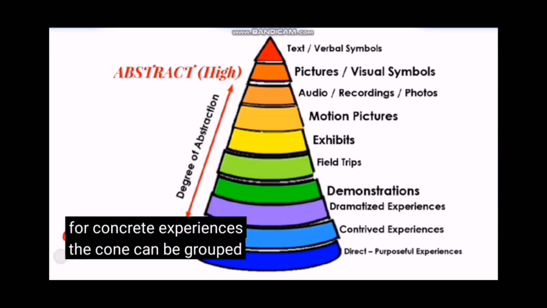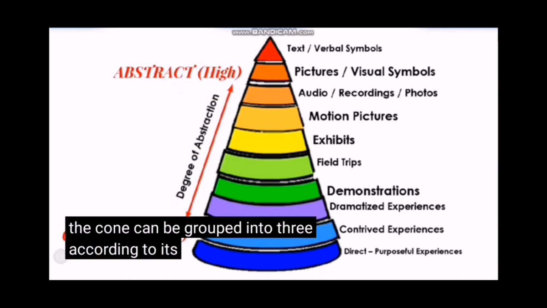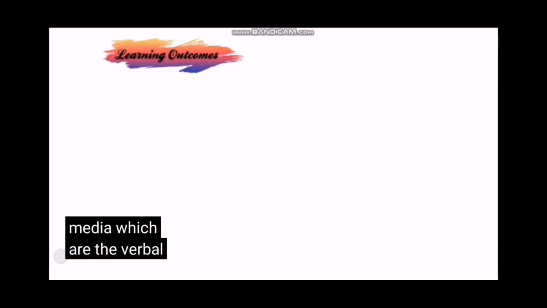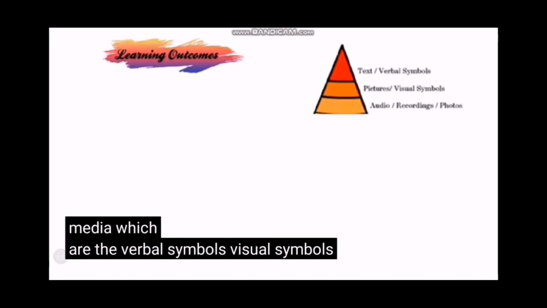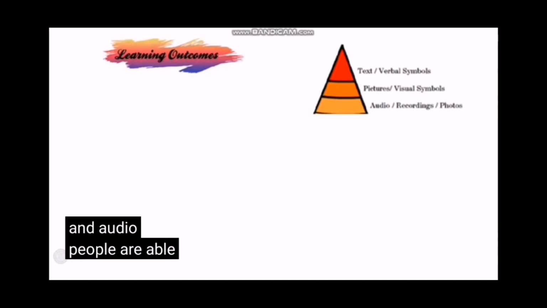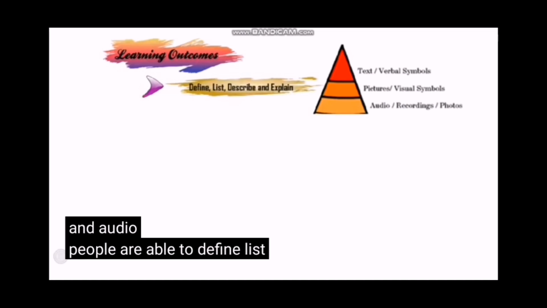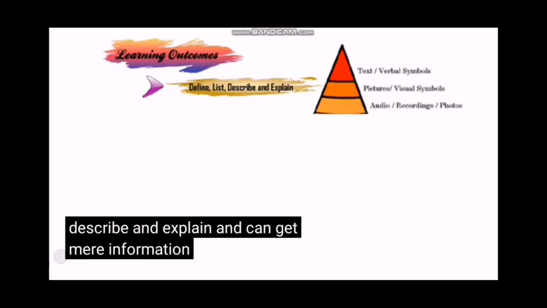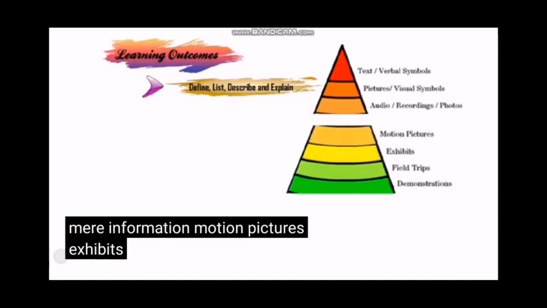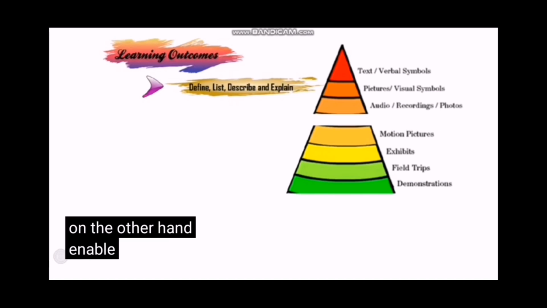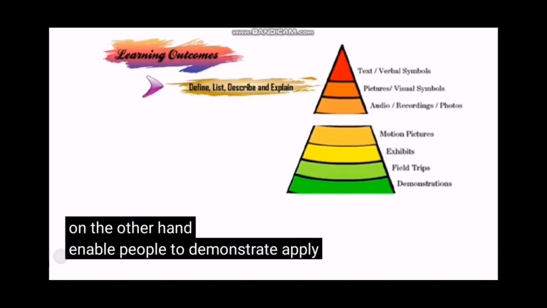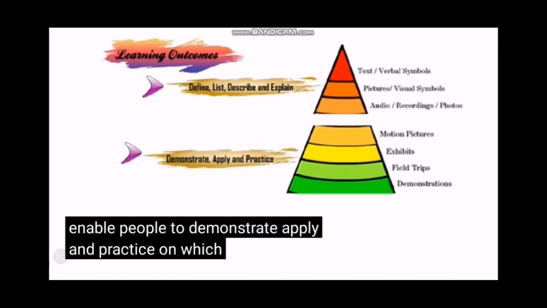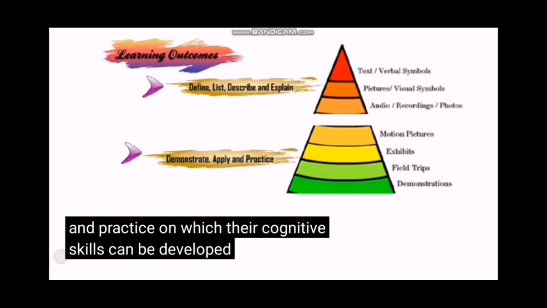The cone can be grouped into three according to its learning outcomes. From the first three media, which are the verbal symbols, visual symbols, and audio, people are able to define, list, describe, and explain, and can get mere information. Motion pictures, exhibits, field trips, and demonstrations, on the other hand, enable people to demonstrate, apply, and practice, through which their cognitive skills can be developed.